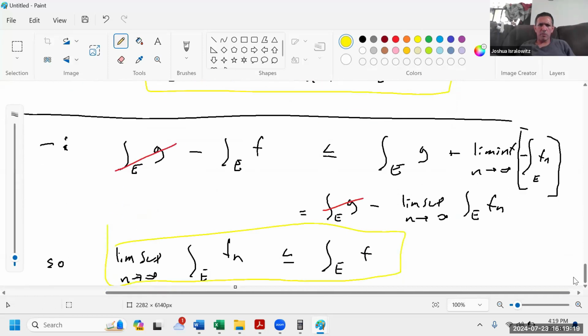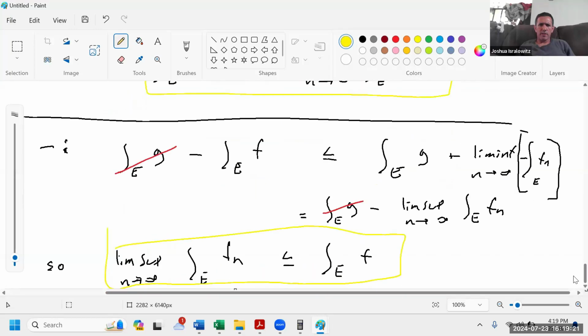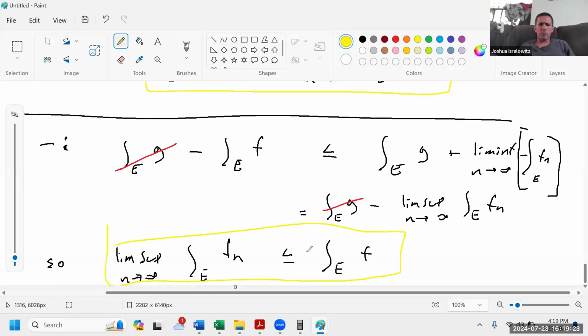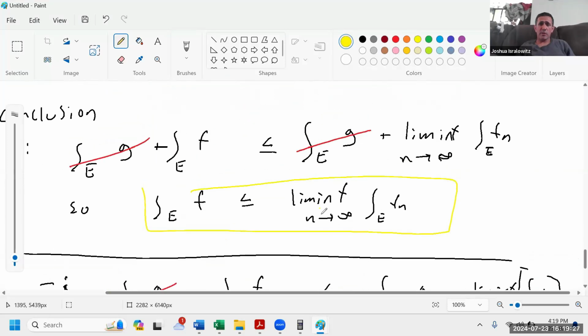So these two combined: lim sup of the integral of fn is less than or equal to the integral of f is less than or equal to the lim inf of the integral of fn.